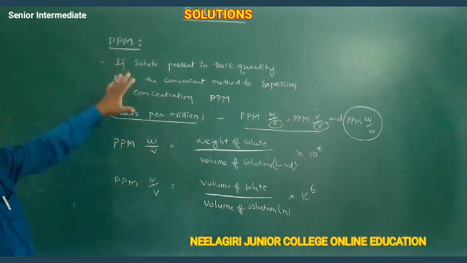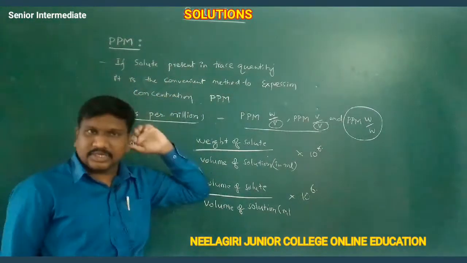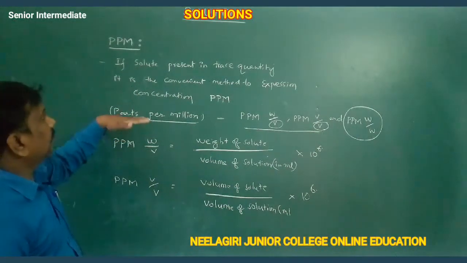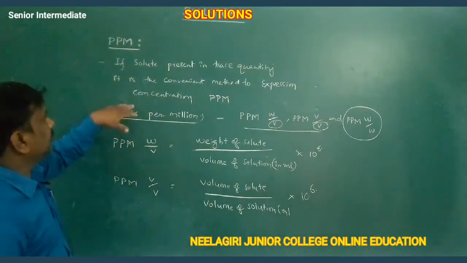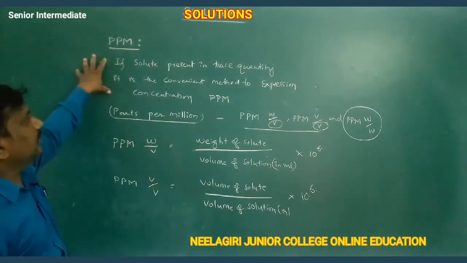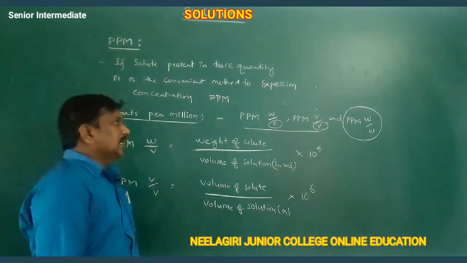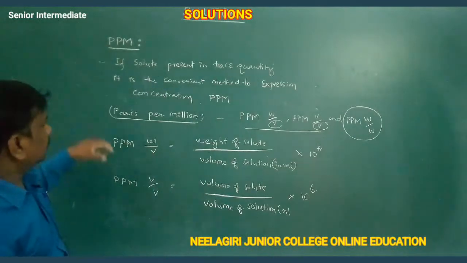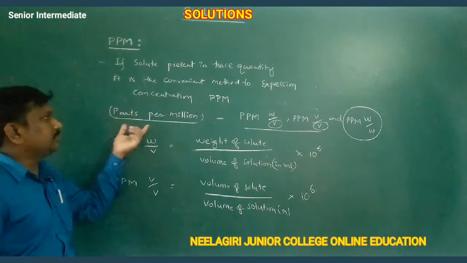When a solute is present in trace quantity, this method of expressing concentration is convenient. It is the convenient method when a solute is present in trace quantity or very lesser quantity. What is the meaning of ppm? Parts per million.